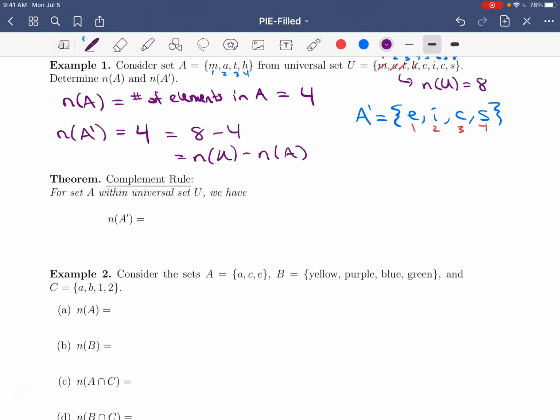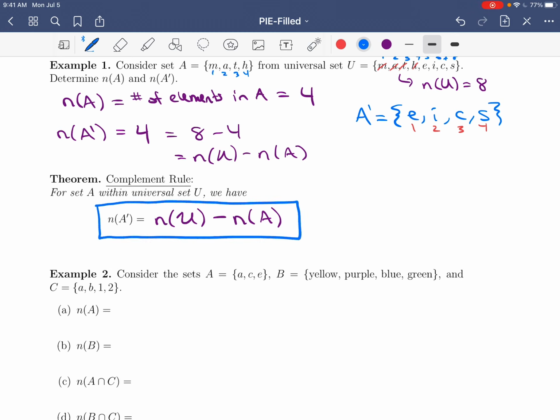For set A with the universal set U, the number of things in A complement is equal to the number of things in the universe minus the number of things in set A. Because everything in the universe that is not in set A is going to be in A complement. So we take all the elements of the universe and we get rid of the ones that are actually in A, and we're going to be left over with the ones that are not in A. Okay, so that's our complement rule.